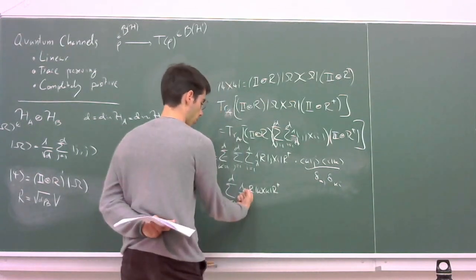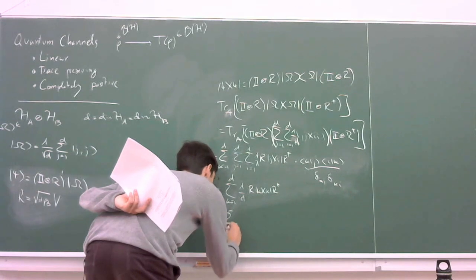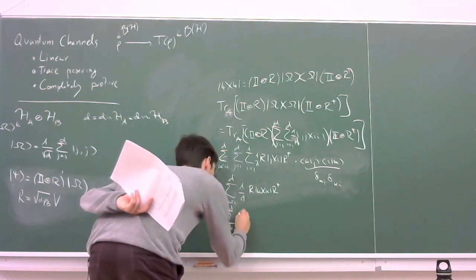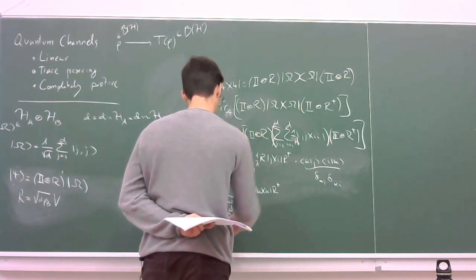Okay, okay. And now if we write the R here, no, the sum over K is identity. This sum over K can go inside, yes.